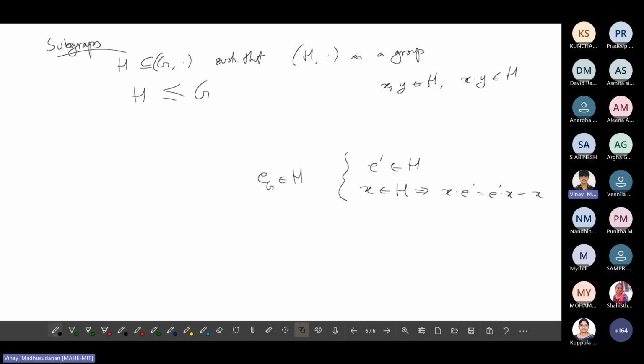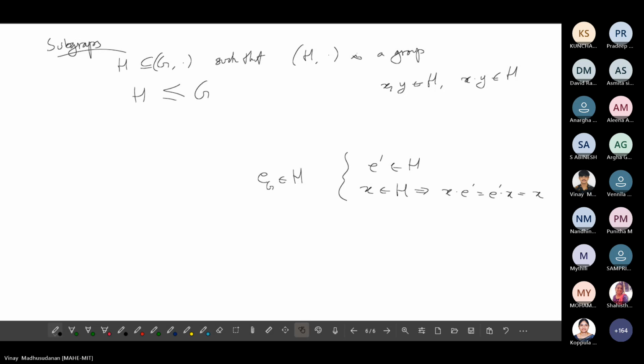Is it necessary for this? So if you are working with a monoid, for example, then these are not equivalent. Okay. If you are working in a monoid, even if the monoid contains an identity element and you take a subset, that subset may have a separate identity element.